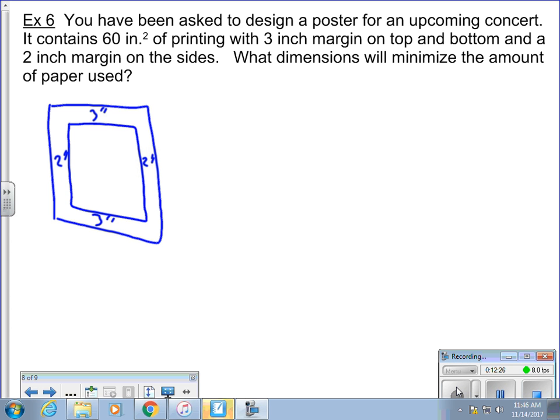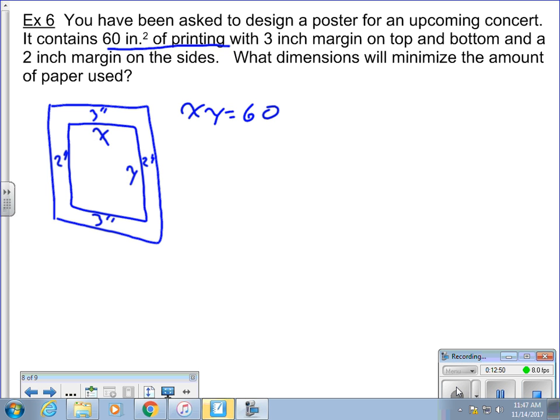It's easier to label the printed area on the inside. We call this X and Y. It makes it really easy to set up equations. So we know that it contains 60 square inches of printing. So that means X times Y equals 60. That gives me the printed area.